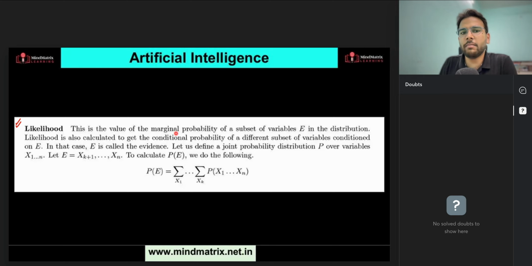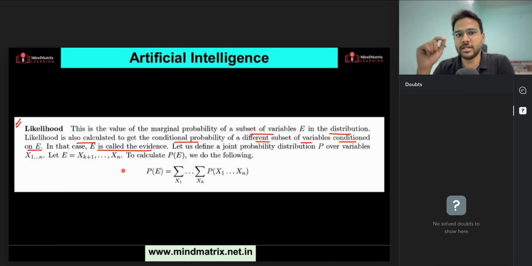Likelihood is the value of the marginal probability of a subset of variables in the distribution. As you can see here, likelihood is also calculated to get the conditional probability of a different set of variables conditioned on E. E is nothing but the evidence. That means the denominator that we have is nothing but the evidence. When we write Bayes theorem, that is the evidence.